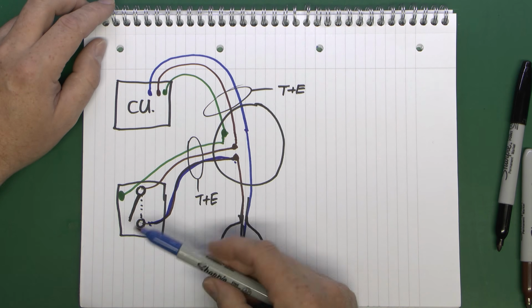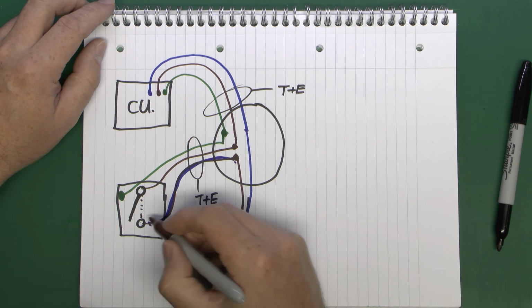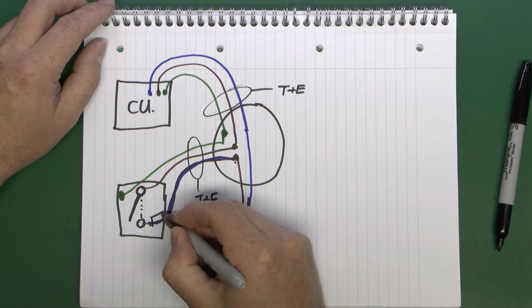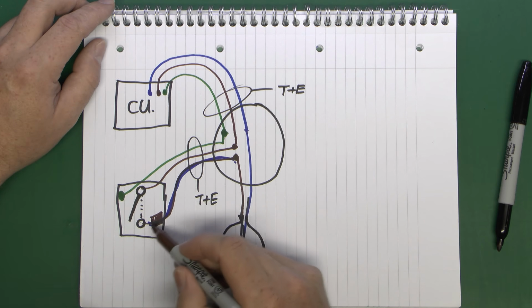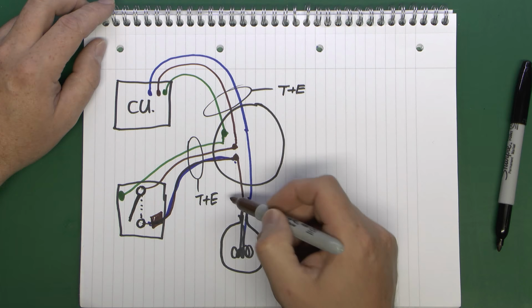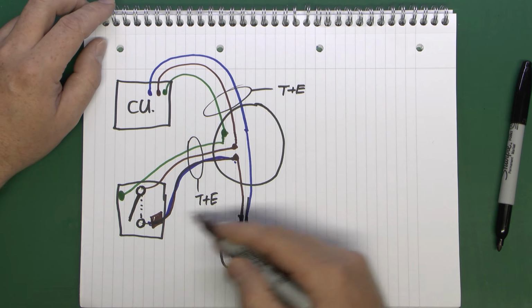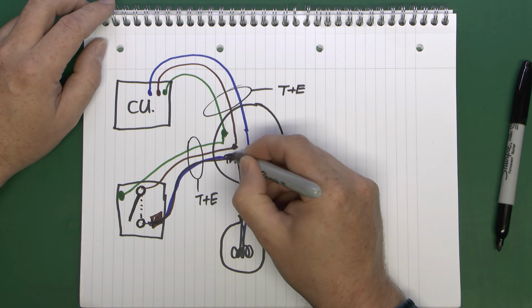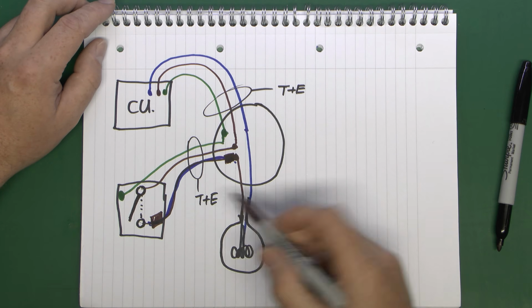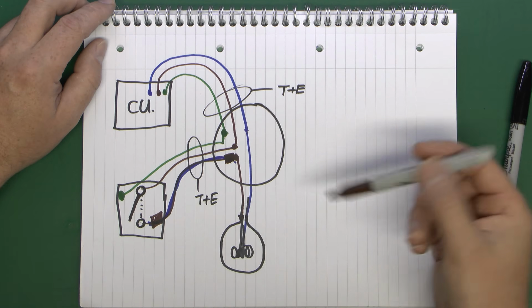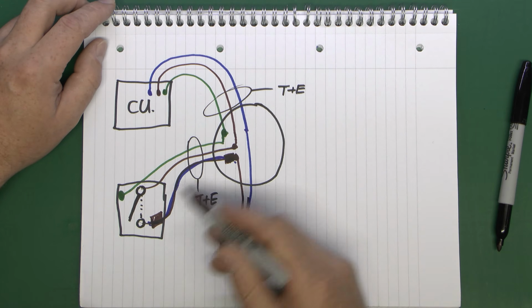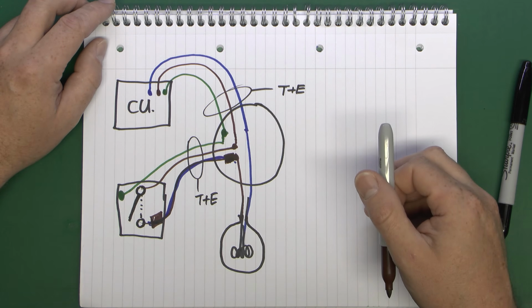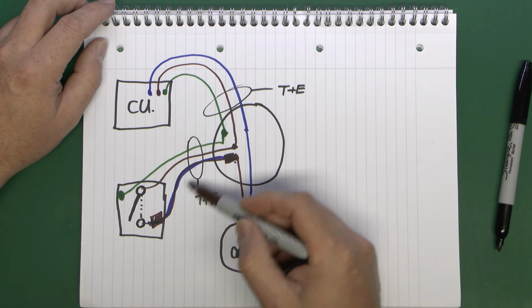But of course it's not actually blue for neutral, so what you would do at the end here is to place a piece of brown sleeving over it, just to identify that that is in fact a line conductor or switched line, which goes back to the light fitting. And again you would do the same at the end here, inside the ceiling rose itself. Either way is fine. So if you can get the twin brown, then of course that's fine, but in reality most of it is going to be the blue and brown with the ends marked in brown to signify you've got line and switch line.